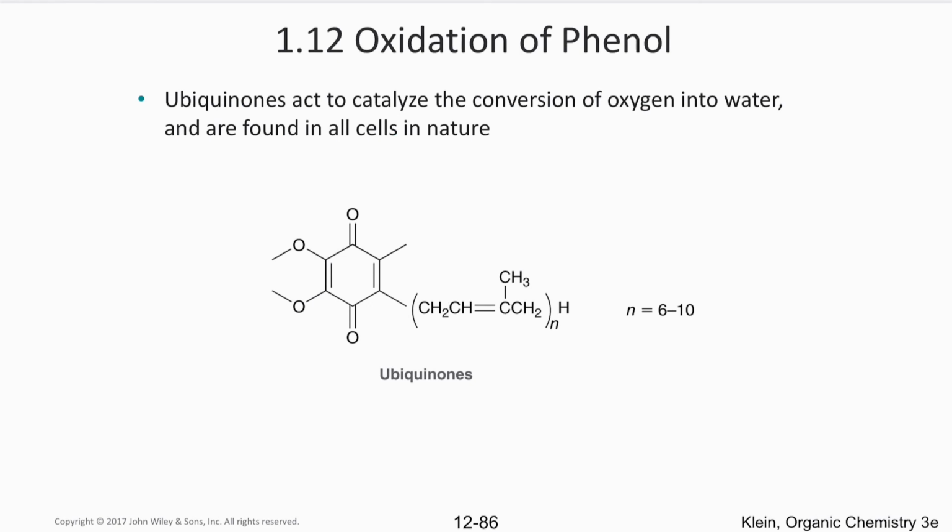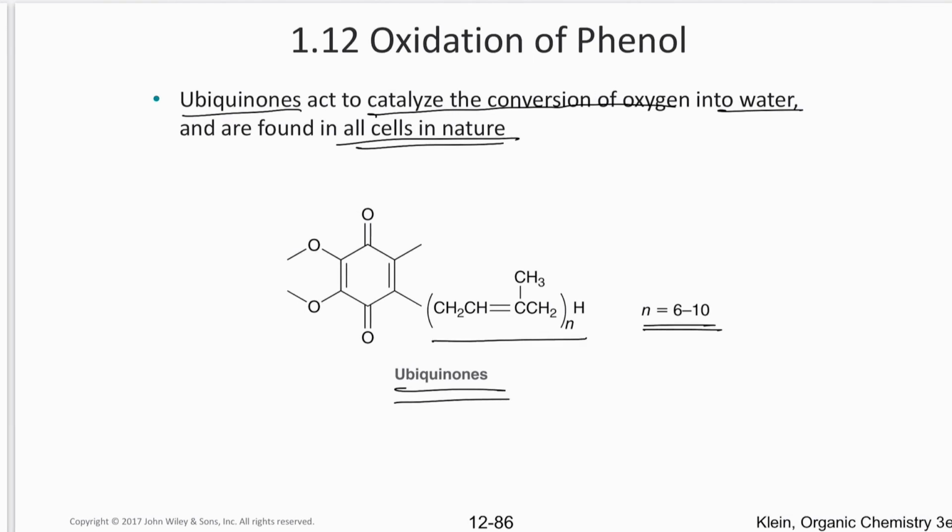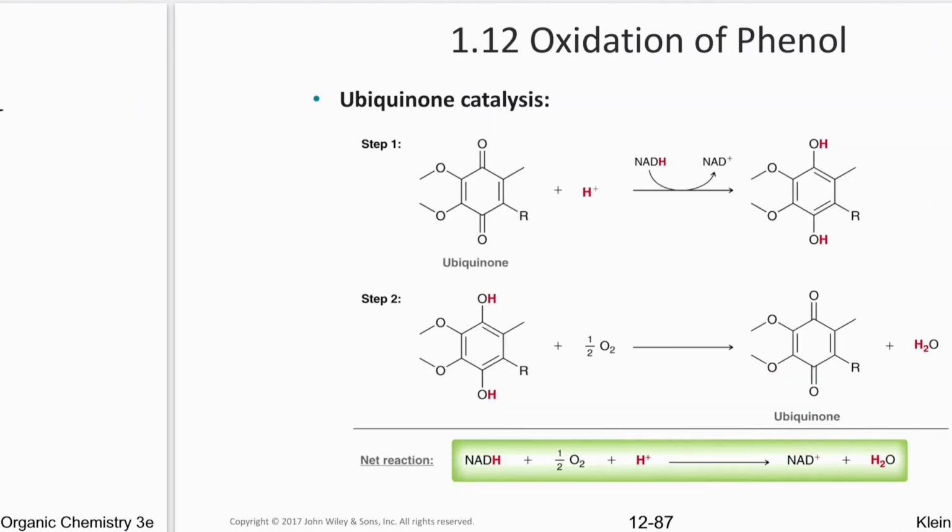Now, the other compounds that act as well are called ubiquinones. Ubiquinones act to catalyze the conversion of oxygen into water, and they are generally found in all cells in nature. Ubiquinones contain about 6 to 10 carbon long chain compounds with a benzoquinone on the side.